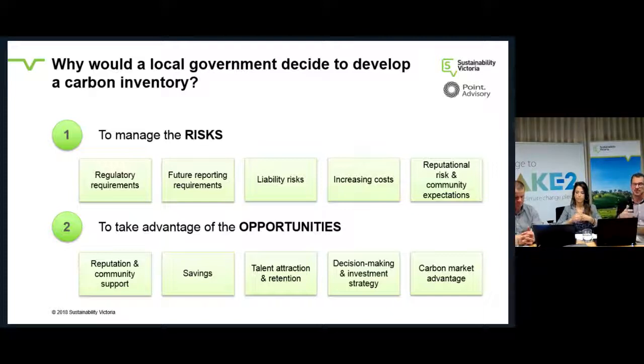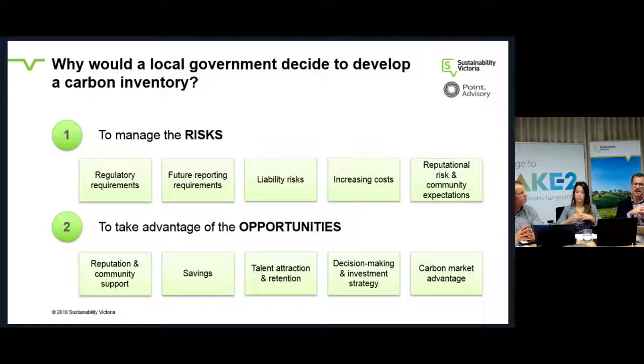In the face of liabilities and increasing energy prices, carbon accounting allows you to start to develop a forward-looking strategy, a decision-making framework to help guide your council into the future, so it can be used in that strategic way.